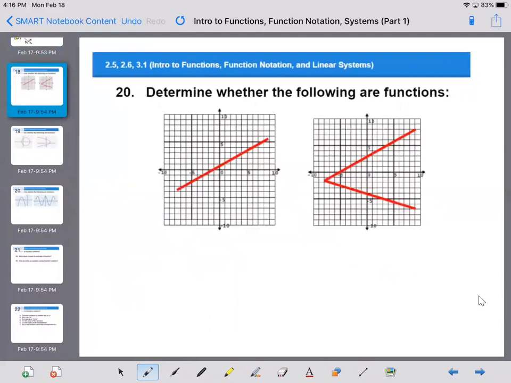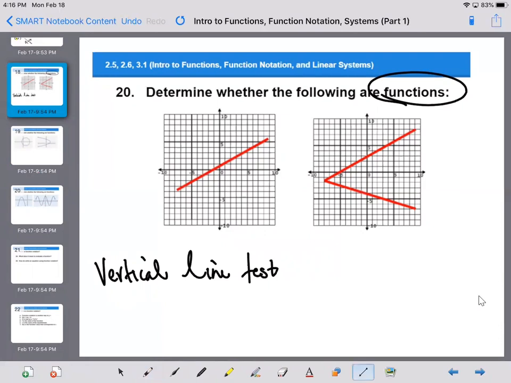Now we can look at graphs and determine if they're functions. And so what we want to use with graphs is a tool called the vertical line test. Now, we're going to use a vertical line because the vertical line will give us an idea of how many times the line crosses through a graph.